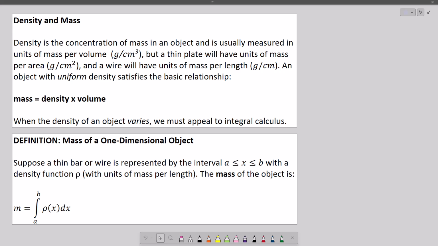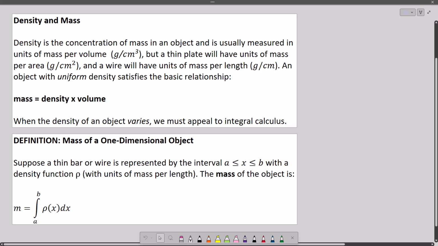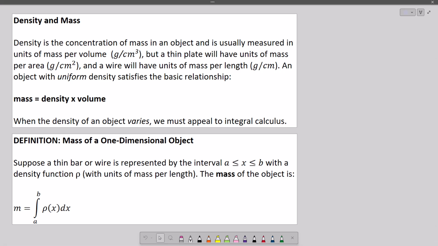Generally, when we think of mass, we are finding mass by multiplying density times volume. So density is a concentration of mass. You think of it as grams per cubic centimeter. So that's sort of typical. But we can also have two-dimensional and one-dimensional mass.